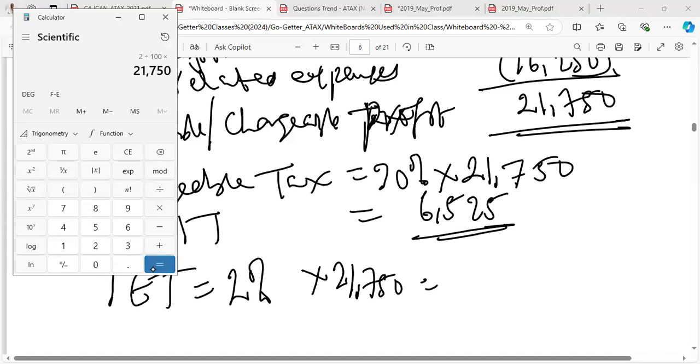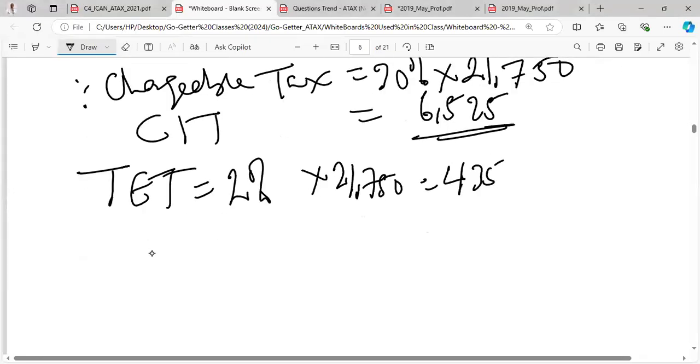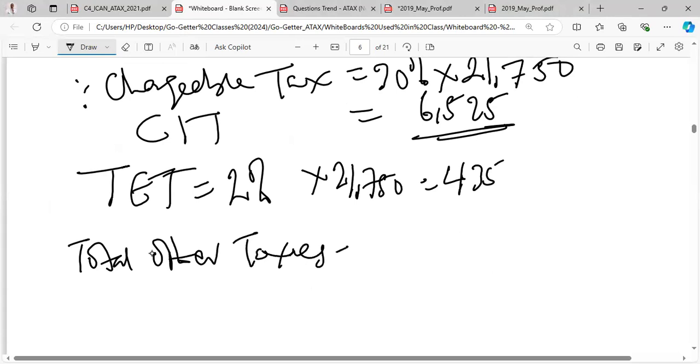So that's 435. If you add them together, total other taxes should be 6,525 plus 435.